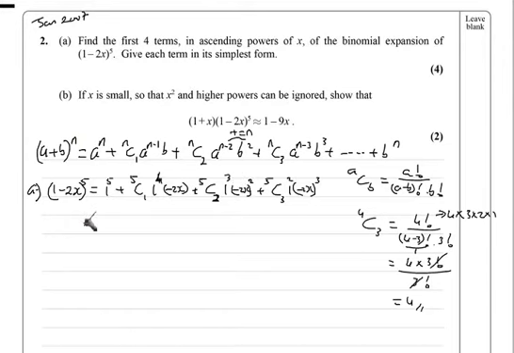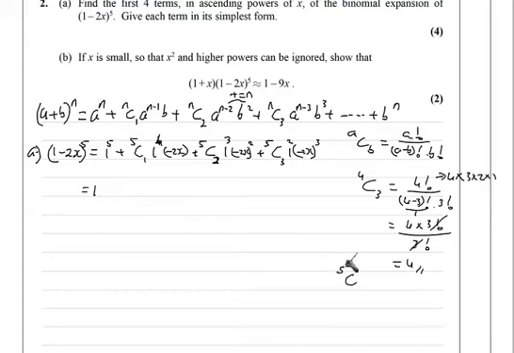Okay, let's find this. 1 to the power 5 is 1. So let's calculate 5C1. It will be 5 factorial divided by 5 minus 1 factorial times 1 factorial.